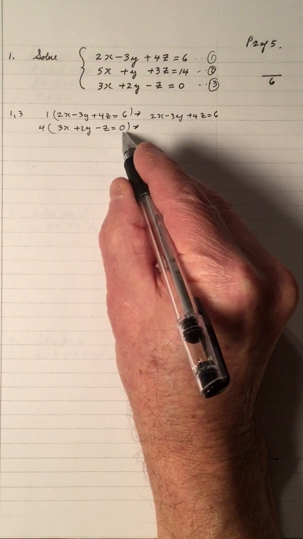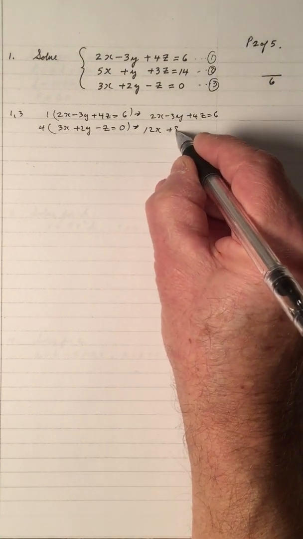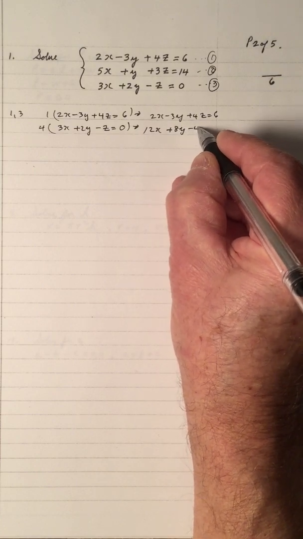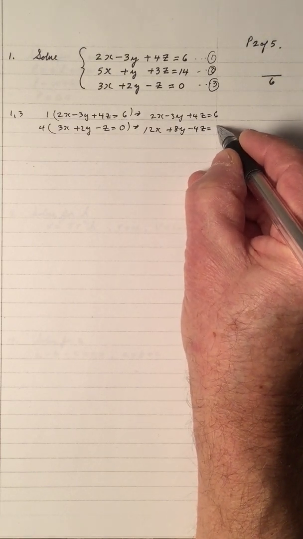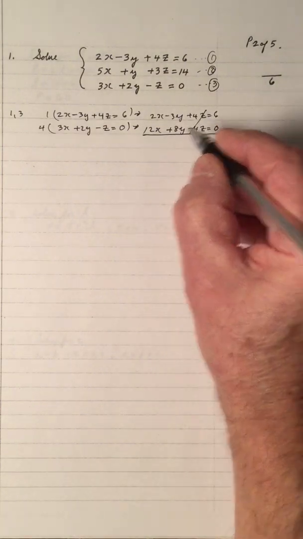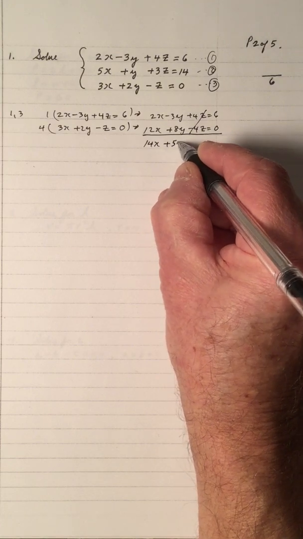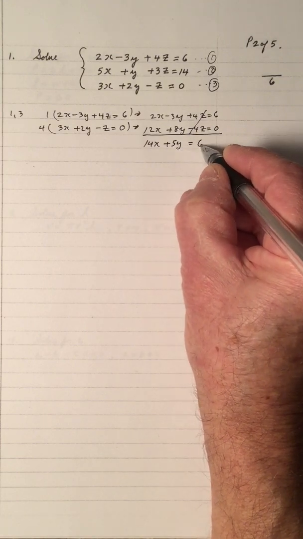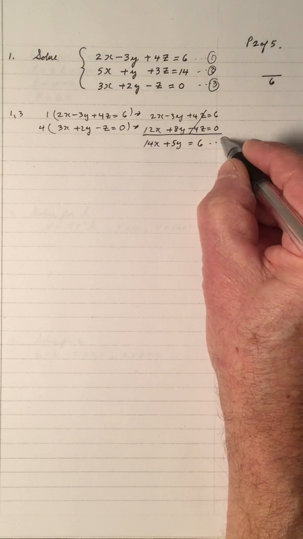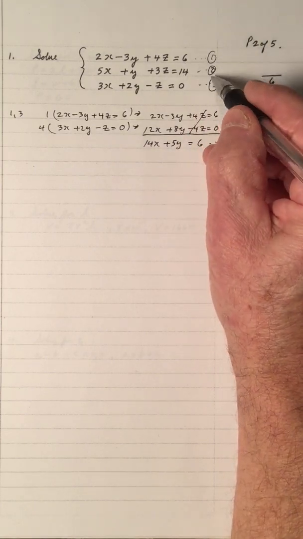Multiply this equation by 4, I get 12x plus 8y minus 4z equals 0. 4 times 0 is 0. Draw a line, the z's will cancel, and I get 14x plus 5y equals 6. This is equation 4.